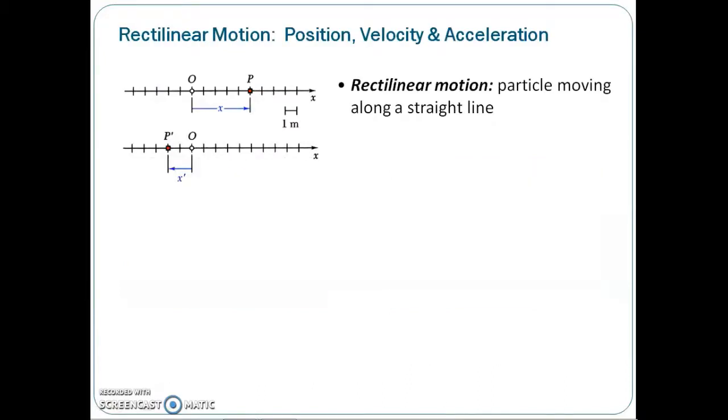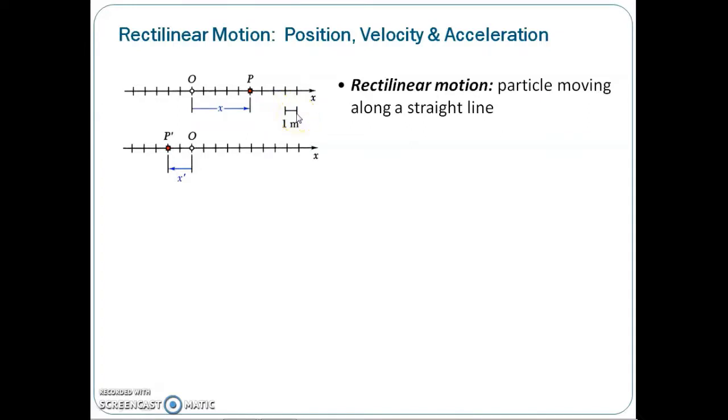A particle moving along a straight line is said to be in rectilinear motion, as mentioned just now. At any given time instant t, the particle will occupy a certain position on the straight line. To define the position P of the particle, we choose a fixed origin O on the straight line and a positive direction along the line.